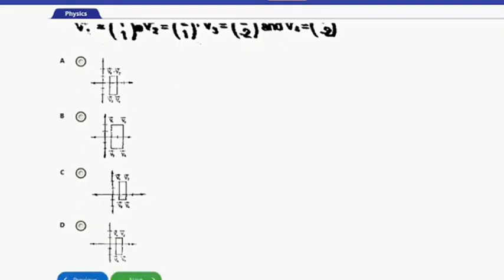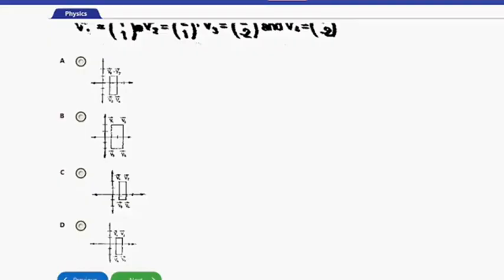So if we check the diagrams here, you will notice that option D illustrates this, where you have V1 at points 1 and 1 on both X and Y axis. Then V2 is on point 2 on X axis but 1 on Y axis.